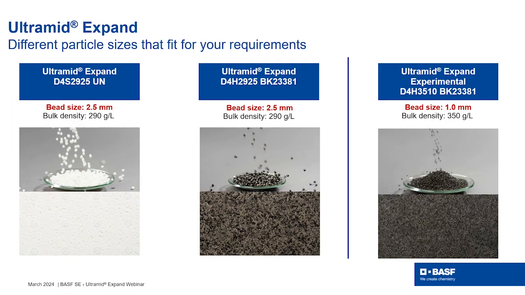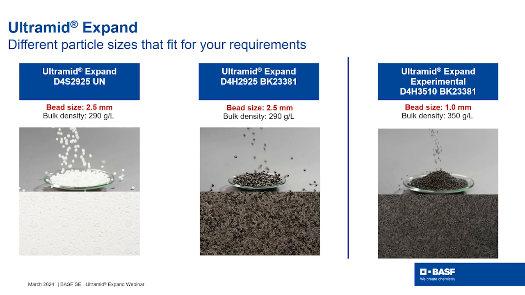So Ultramid Expand is a relatively young product, and on this slide you can see our current product portfolio. So far we have developed 3 grades. On the left side you see an uncolored, natural colored grade with a particle size of 2.5 millimeters and a bulk density of 290 grams per liter.